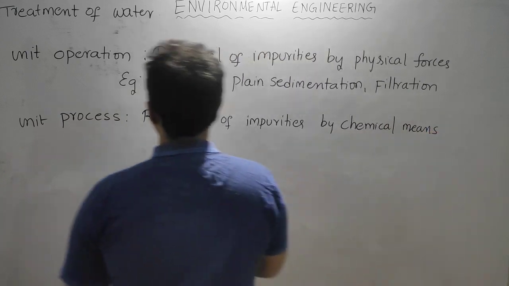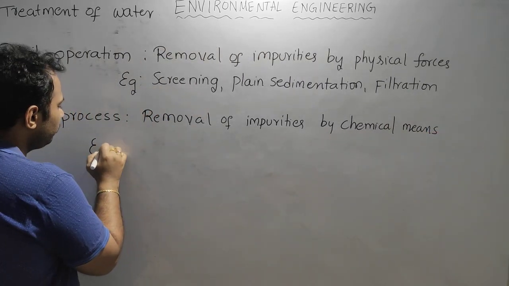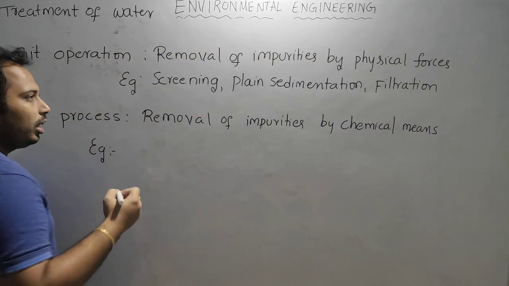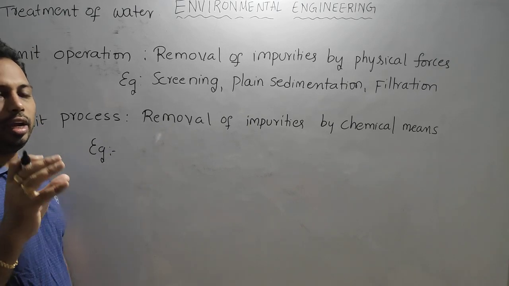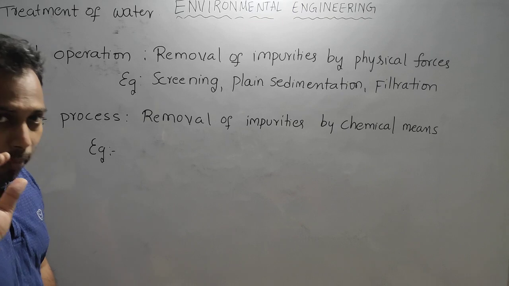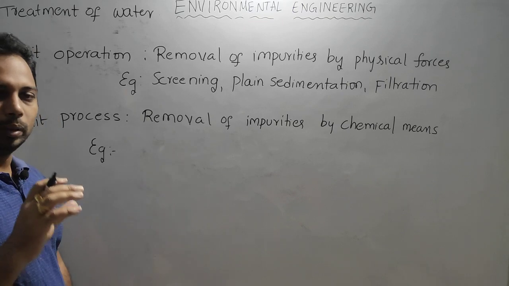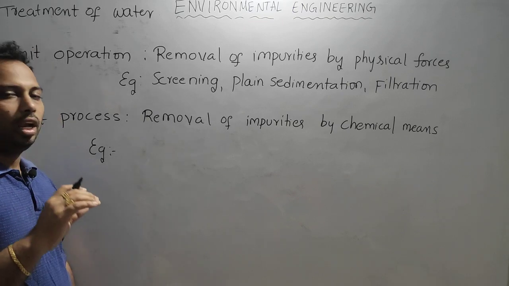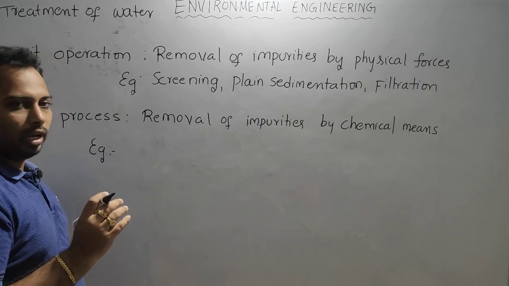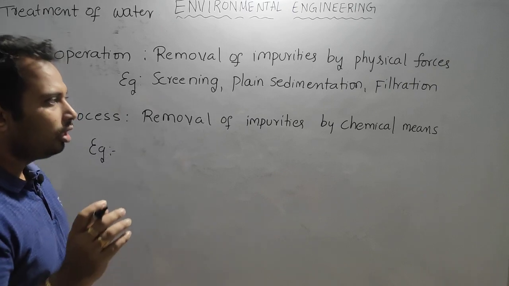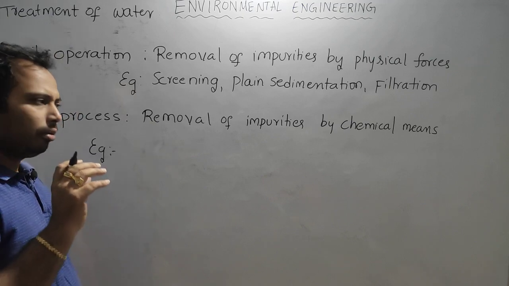So for example, if you see coagulant, the coagulant will react with the colloidal particles and it forms a flock. So there are some chemical equations, chemistry is involved in the formation of flock. So that is why it is removed by chemical means.